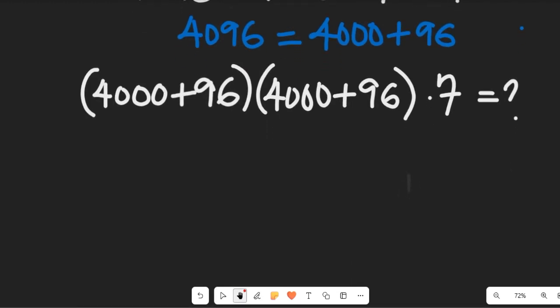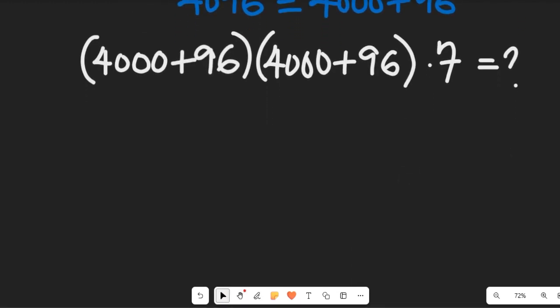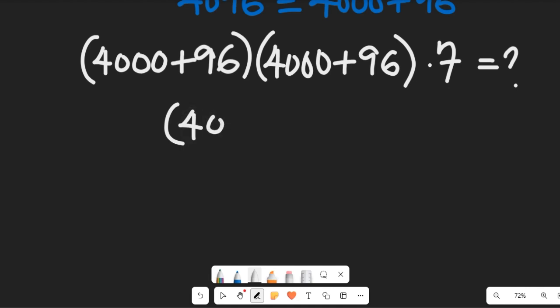If I simplify that using an algebraic formula, I want you to recall that algebraic formula. It's like we have from this expression 4000 plus 96 all squared.